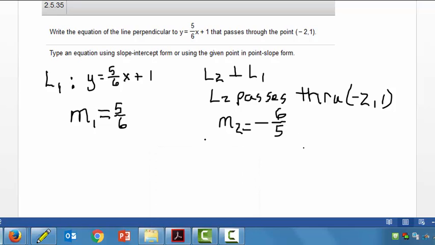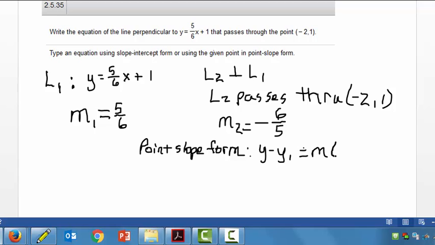Okay, so I now can use my point-slope form of my line equation. y minus y1 equals slope times x minus x1.